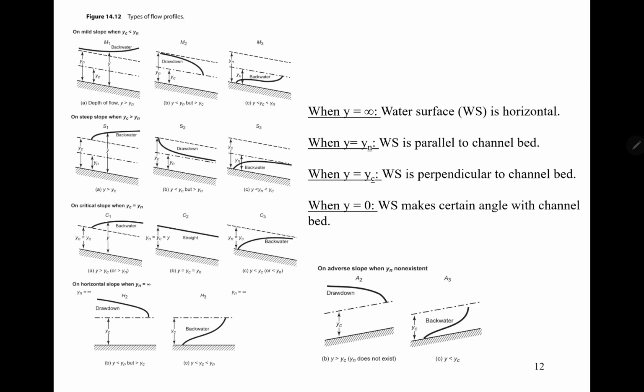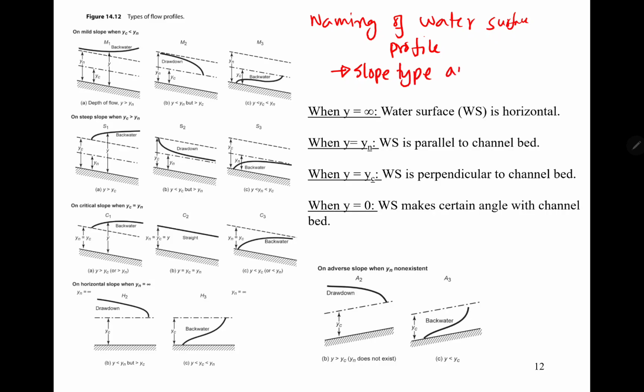How do we name the different types of water surface profile? The name has the first letter of the slope type and the zone number.